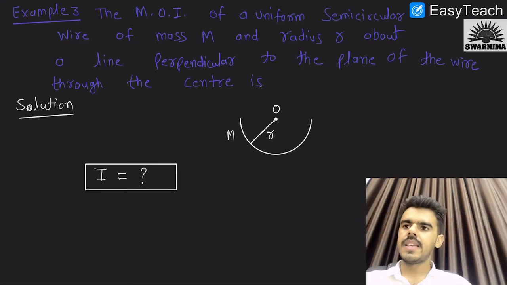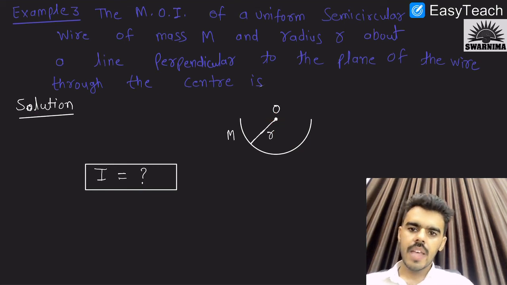And the third example is the moment of inertia of a uniform semicircular wire of mass capital M and radius r about a line perpendicular to the plane of the wire through the center. So this is a semicircular wire, this is the center point O, and we have to find the moment of inertia of this semicircular wire about this point and perpendicular to the plane of this wire.